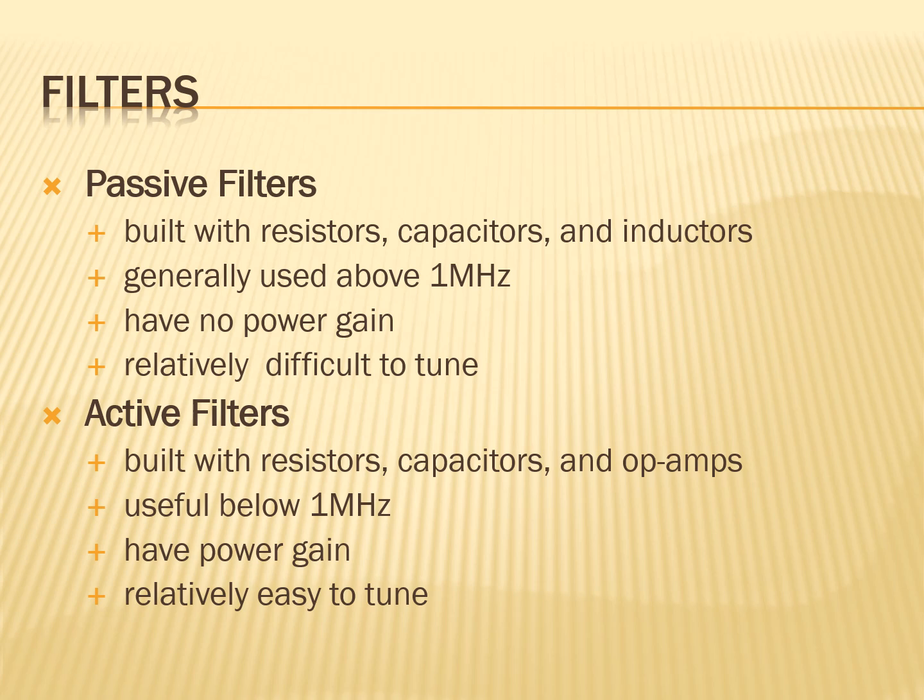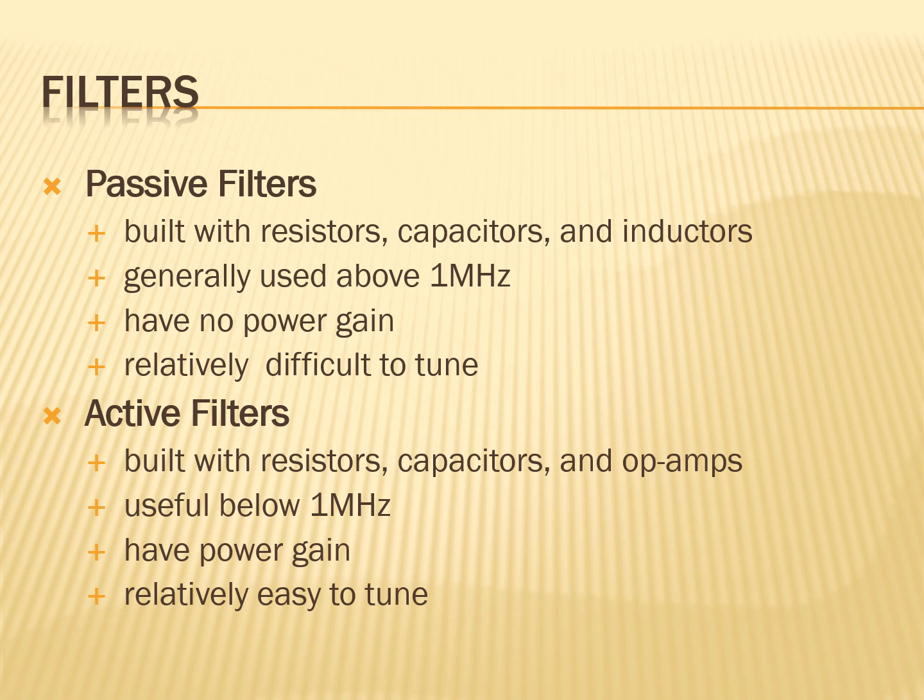We will use passive filters generally in frequencies above 1 megahertz, if we do not require power gain in our circuit. Passive filters are usually characterized as relatively difficult to tune.